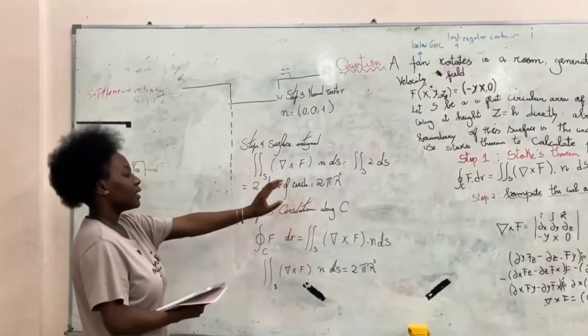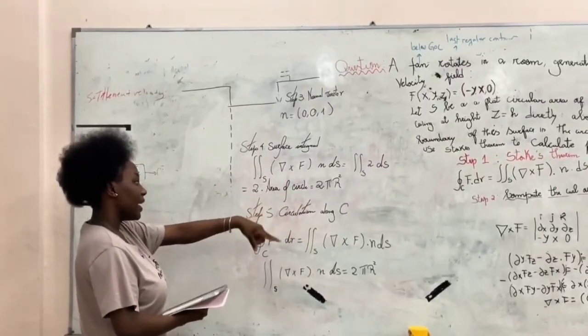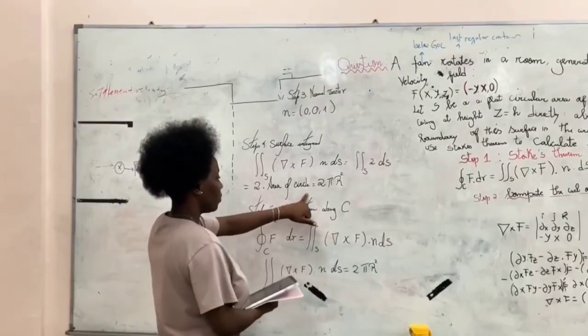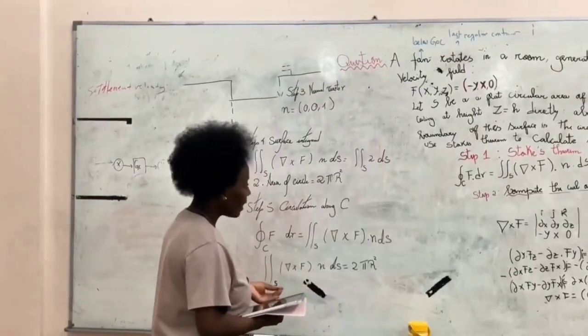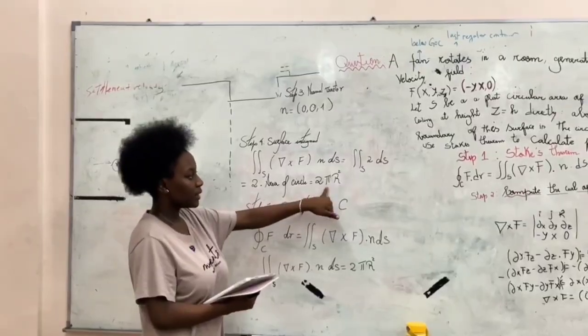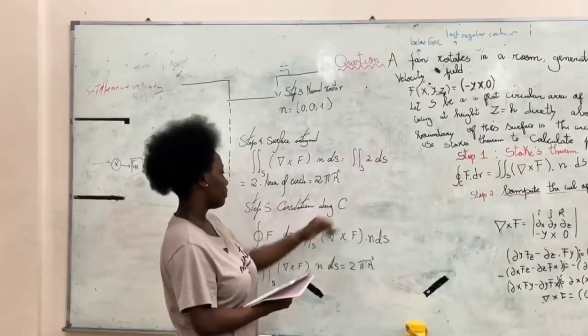We know that the surface integral of dS is equal to 2 times the area of the circle, which gives us 2 pi r squared.